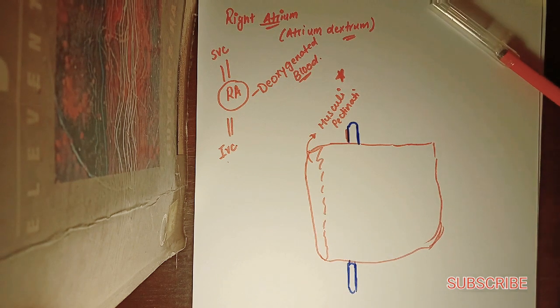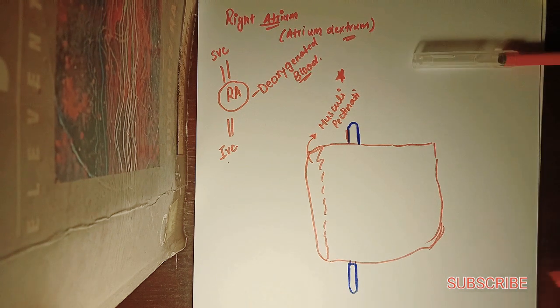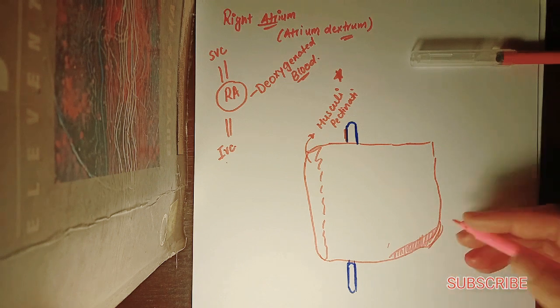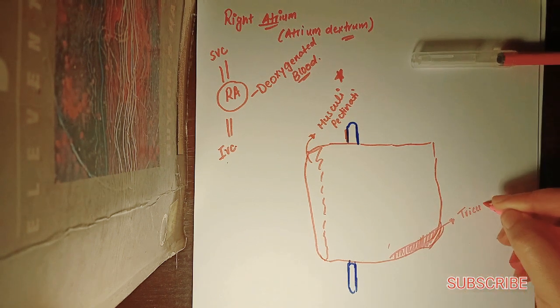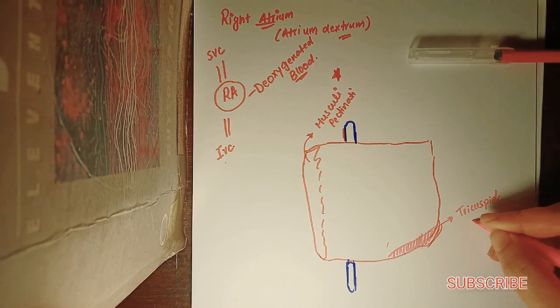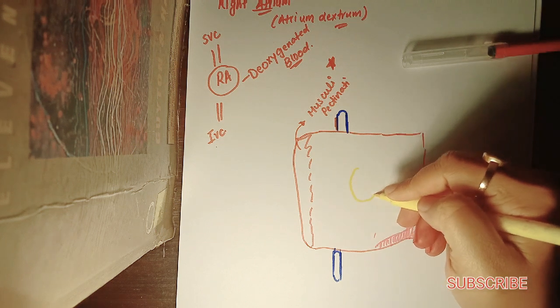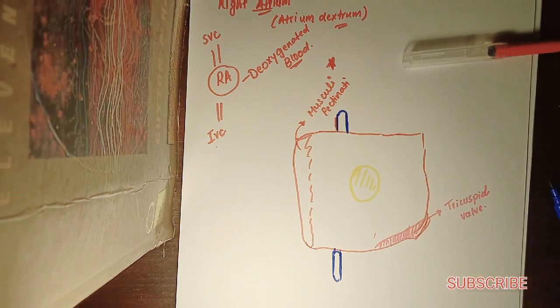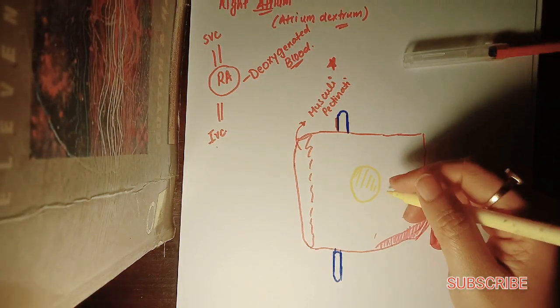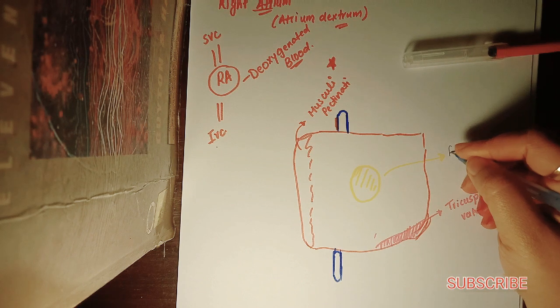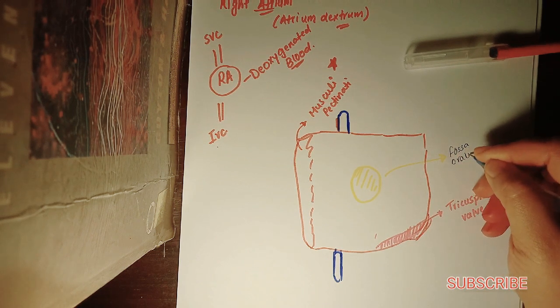And here we have the tricuspid valve. Now we see that we have a big fossa-like structure. This fossa-like structure is known as the fossa ovalis.